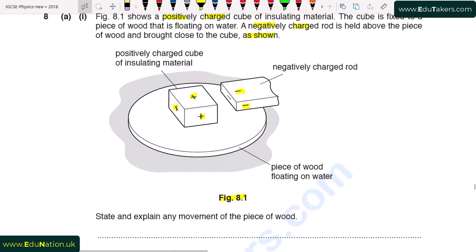So in figure 8.1 we can see that the wood is positively charged while the rod is negatively charged. Both of these charges are of opposite nature. So opposite charges attract each other. That's why this wood will move in this direction, because it is attracted towards the negative charge.